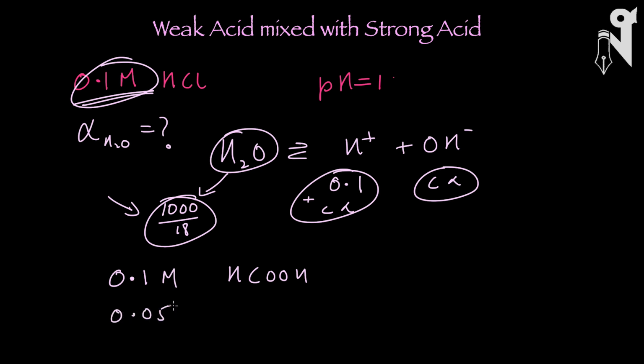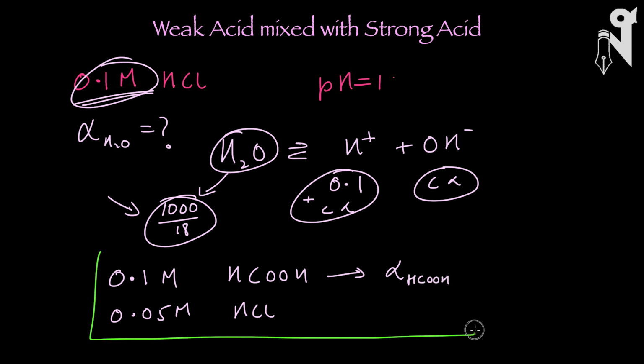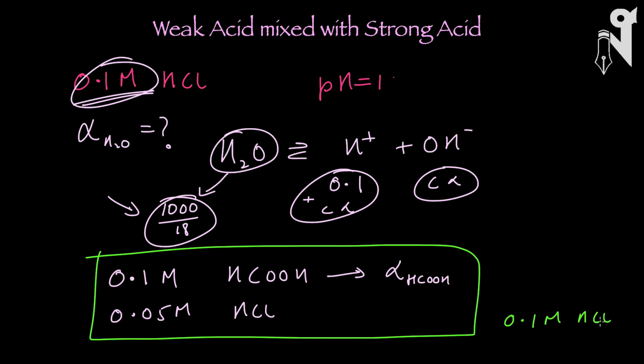I am giving you the concentration of HCl, say 0.1 molar or whatever, and I am asking you what is the degree of dissociation of water. I'm not giving you the concentration of water, which is a known thing. It is 1000 by 18 molar, right? That's the concentration of water. So only this part is hidden, it's not given, and the question is ditto the same.